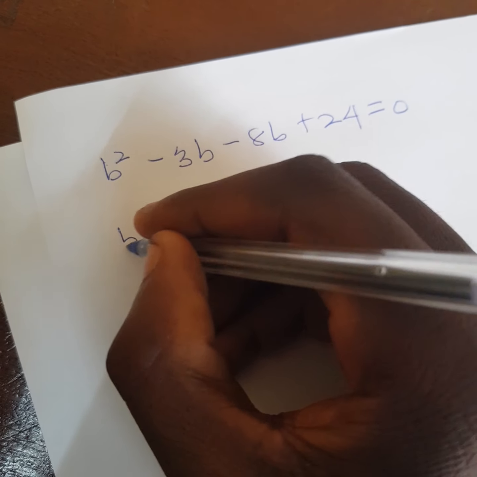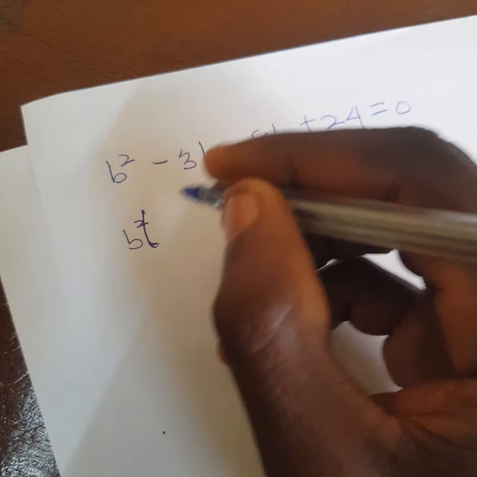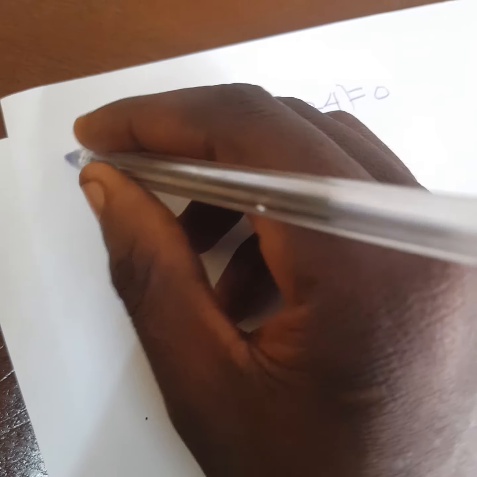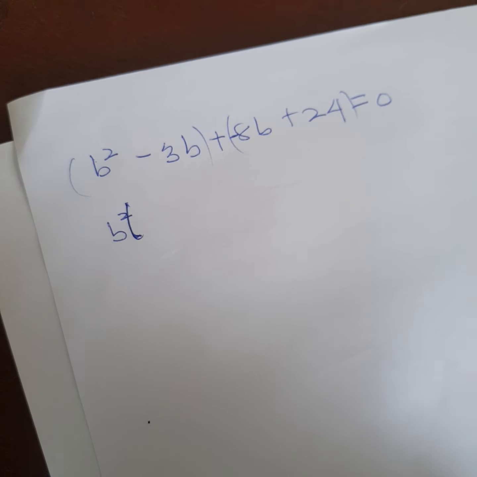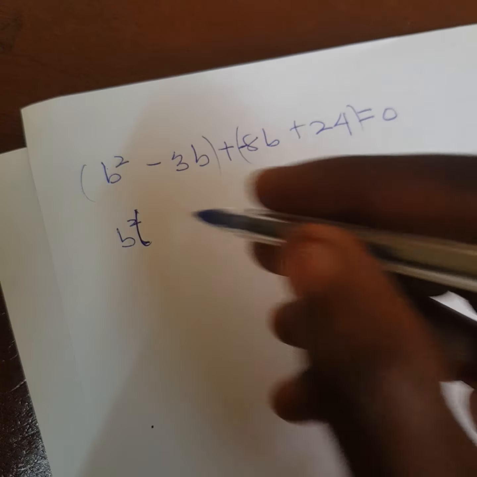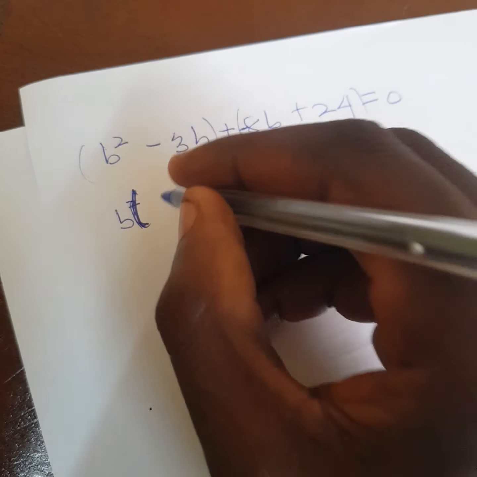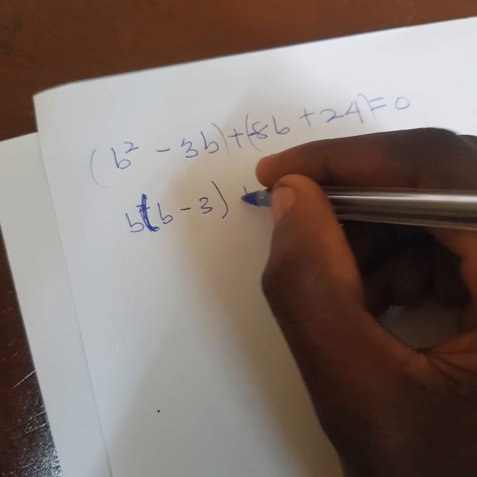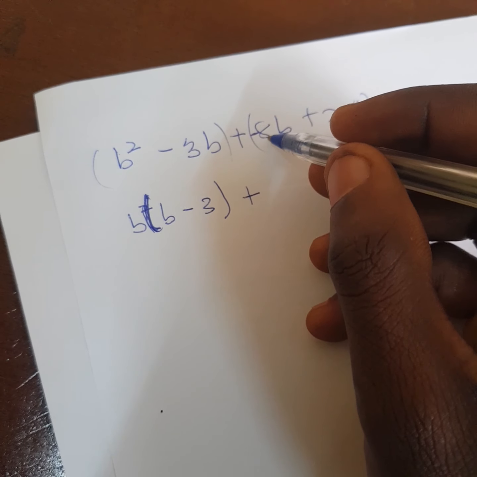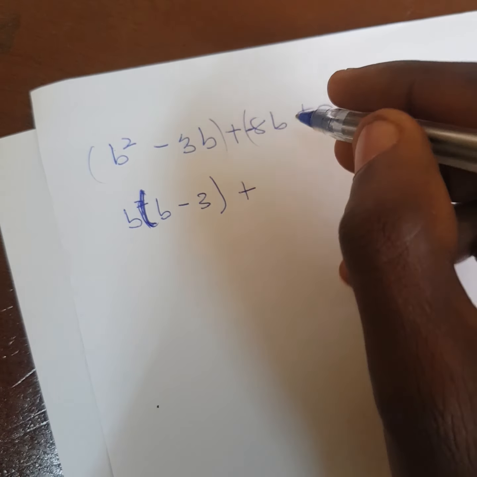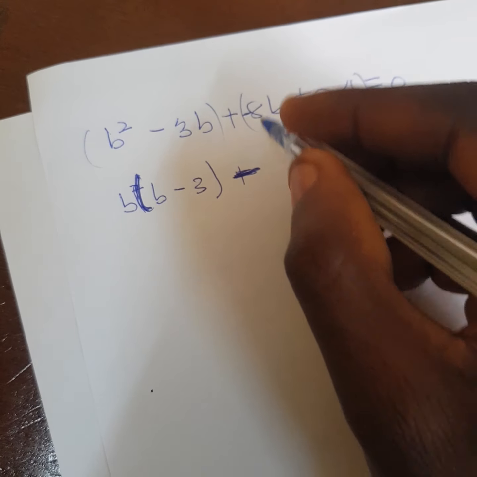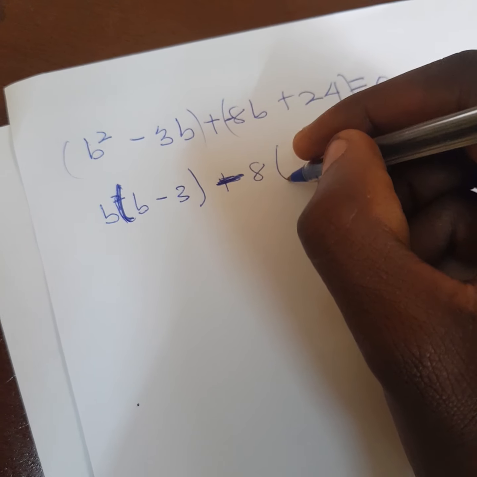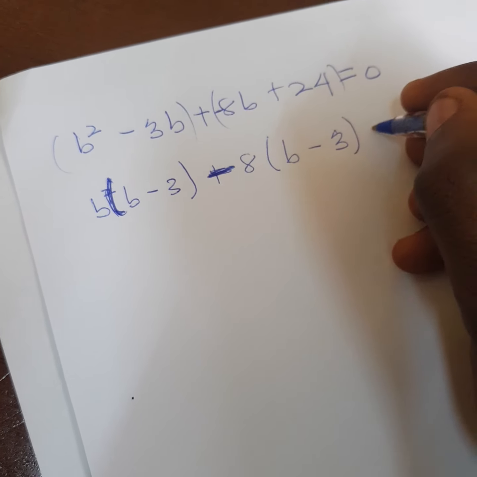If you factorize b out of this term, it will be b square, b minus 3. Then plus, let's factorize minus 8 out here, so it will be minus 8 times b minus 3 again, which is equal to 0.